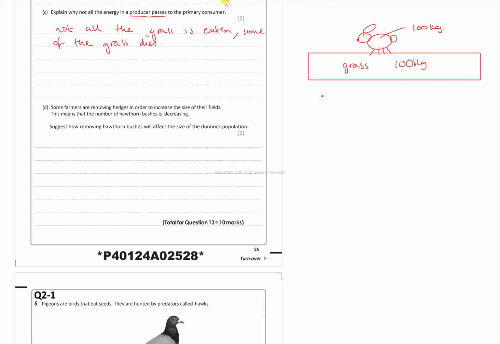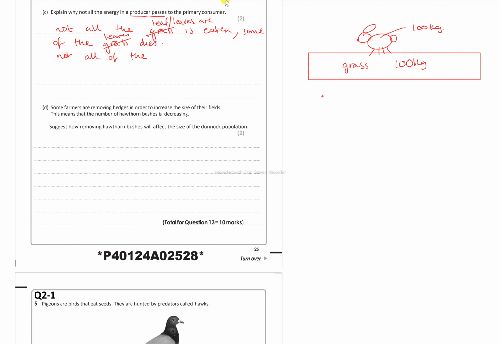Right, I'm talking about the rabbit now, and it's talking about this leaf. Not all of the leaves are eaten. Some of the leaves die. They fall on the ground. It's autumn and they'll just decay.